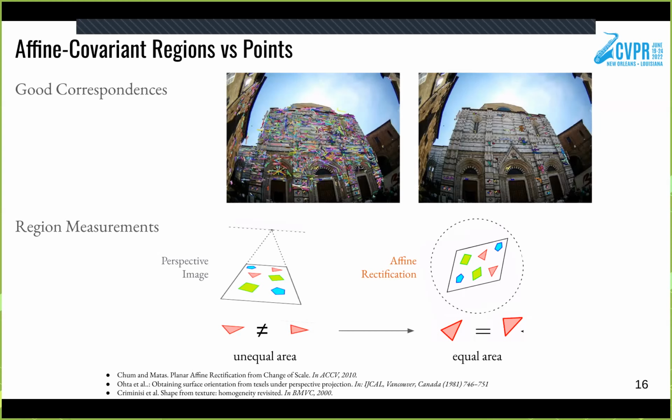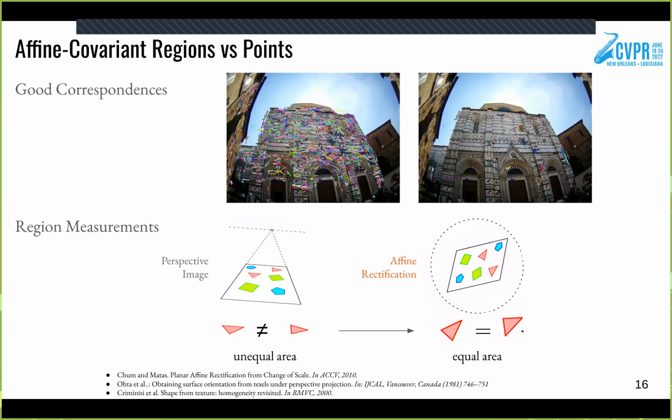Having the affine-covariant region gives you immediately 3-point correspondences that are consistent with some symmetry. If you try to do that independently for different point correspondences, it's much more difficult. So having a region corresponded gives you much more information than just the point, and you get that for free. Well, there is some cost, but you get it. And it reduces your search for the types of geometry that we need.